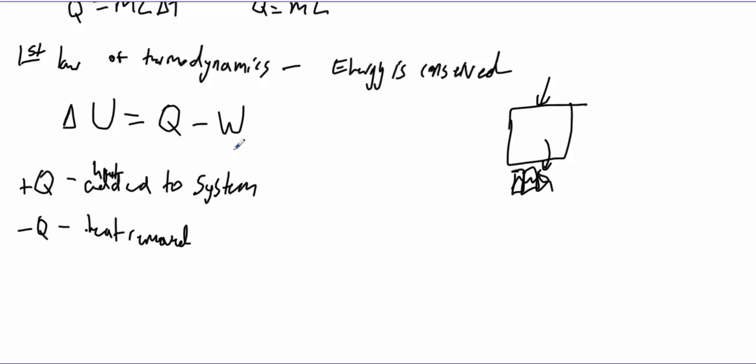The work thing is a little bit weird, right? So how does a system do work? Well, the work is positive if the work is done by the system. Now, how does a system do work?